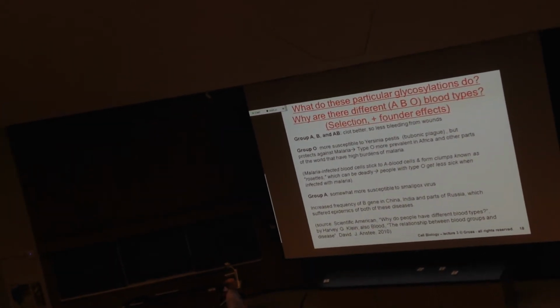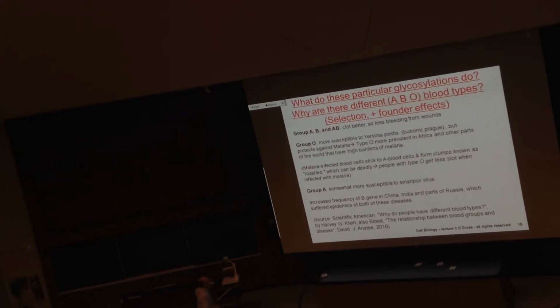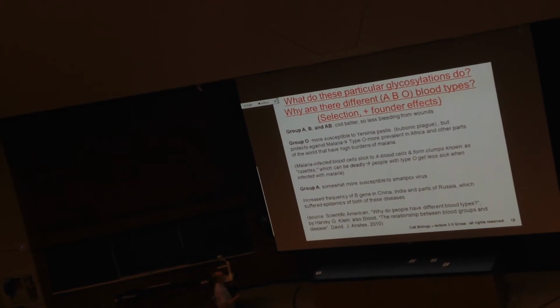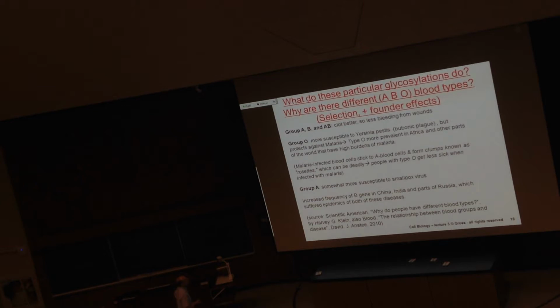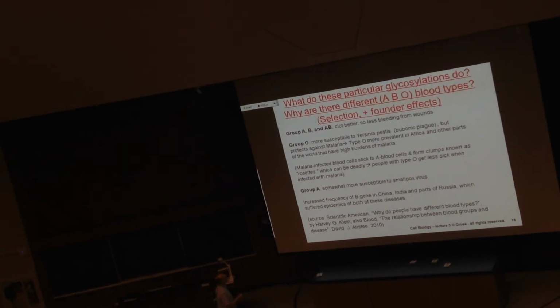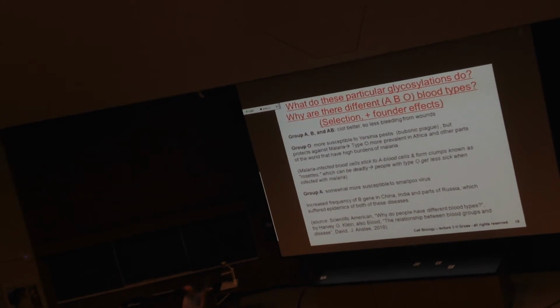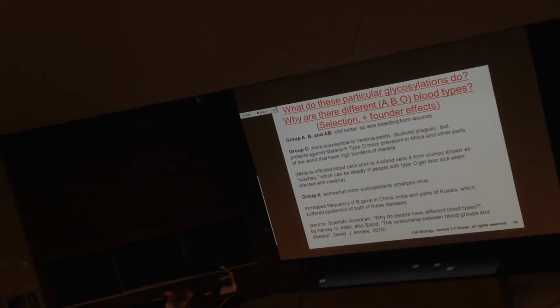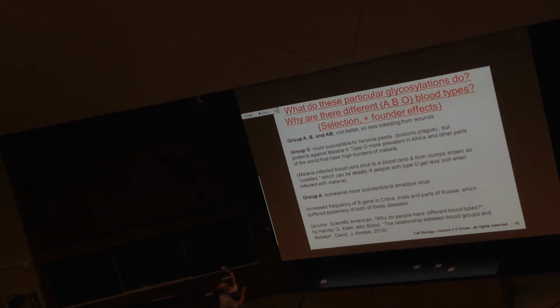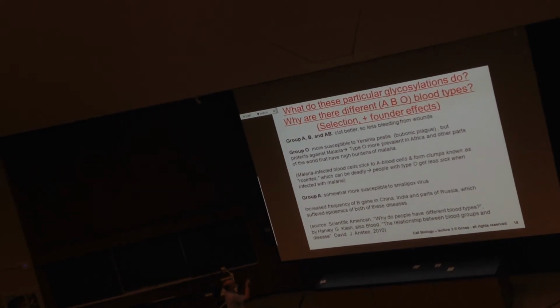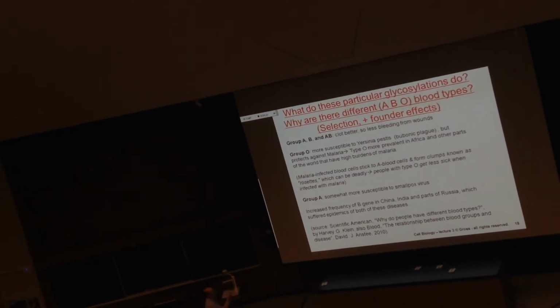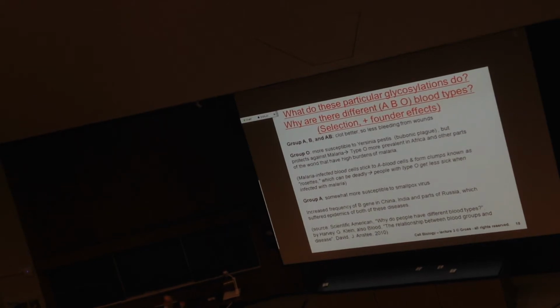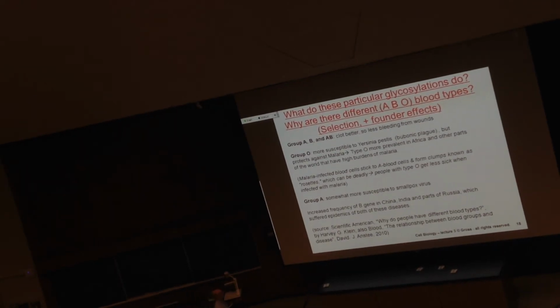So people with O-type blood tend to be more resistant to malaria as far as surviving, and in places like Africa, where there's a high malaria burden, the majority of the population is O-type. Now, in contrast, all of these glycosylations on the surface can give you protection against some things, and the additional glycosylation that comes with A or B can give you some protection against Yersinia pestis, which is bubonic plague, which was very prevalent in Europe.